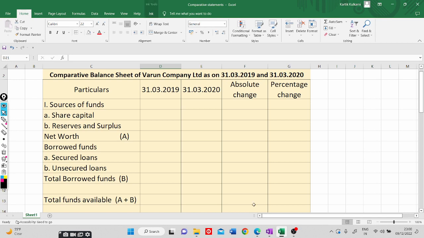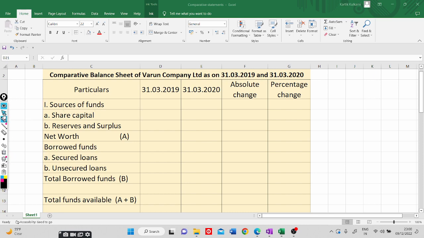So here we can see we will be writing this balance sheet in the vertical format, with sources of fund first. In sources of fund we will have two cross items: one is owners fund or shareholders fund, and the other is borrowed fund.